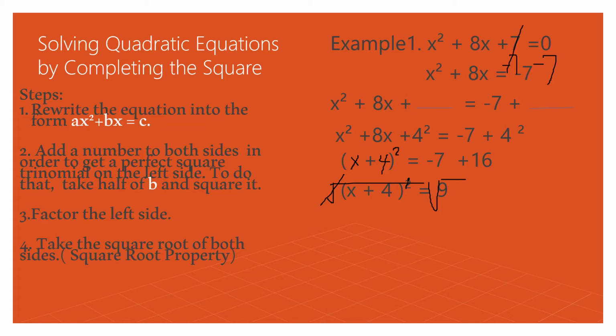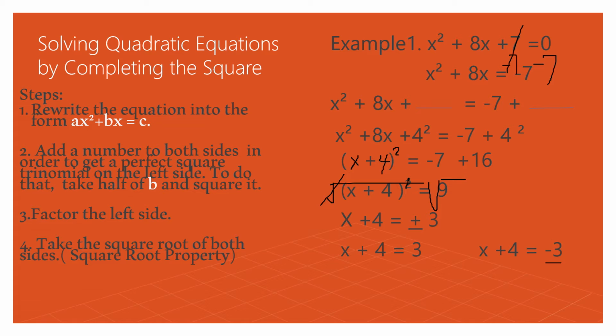At dito naman, kunin natin yung square root of 9, and 9 is a perfect square, and the square root is 3. But, kailangan, pag kinukuha natin yung square root, positive and negative. So, meron tayong x plus 4 is equal to positive 3, negative 3. Pwede natin paghiwalayin yan. Yung isa, equate natin sa positive 3, yung isa naman negative 3.